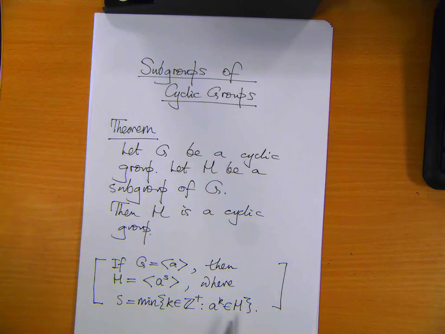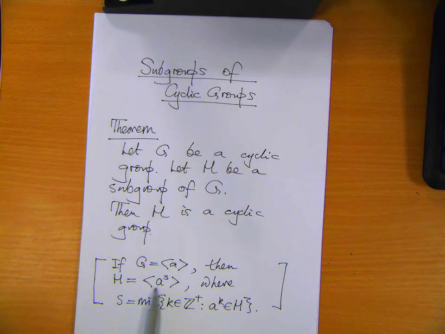So this notation looks a bit complicated, but all I'm saying here is I look at powers of A and I look at the first positive power that actually belongs in the subgroup of interest, and that first positive power, S, is such that A to the S actually generates H. So not only can we say that H is cyclic, but we can actually say what H is generated by.